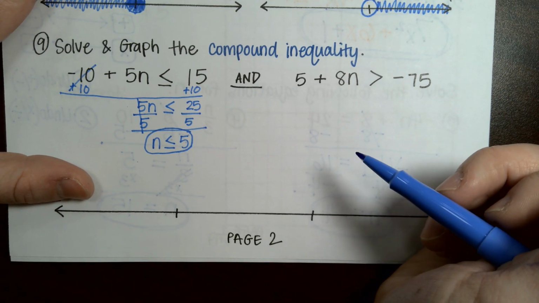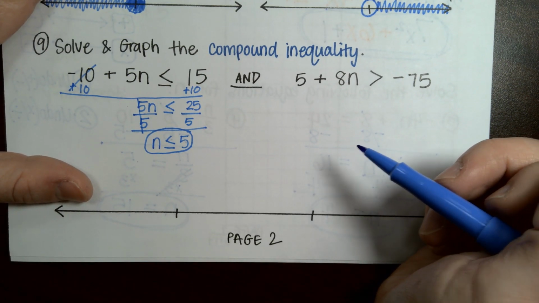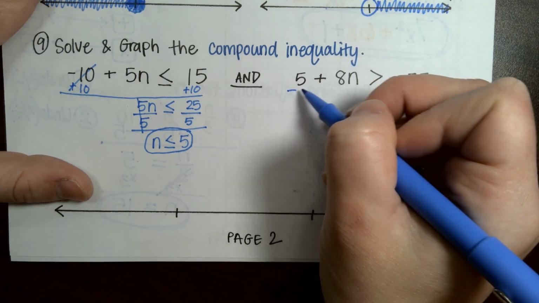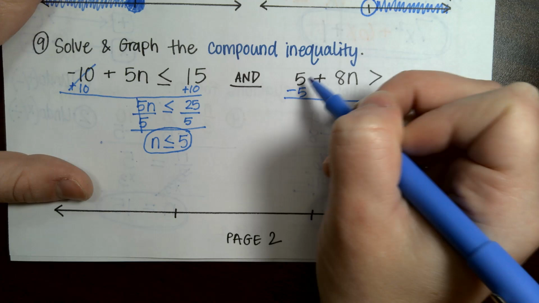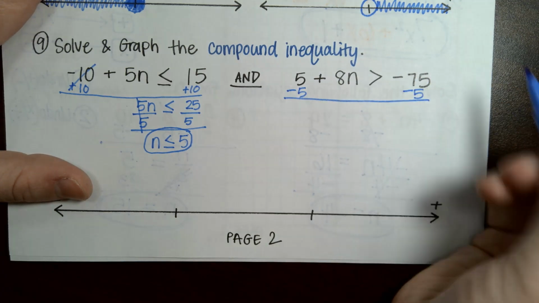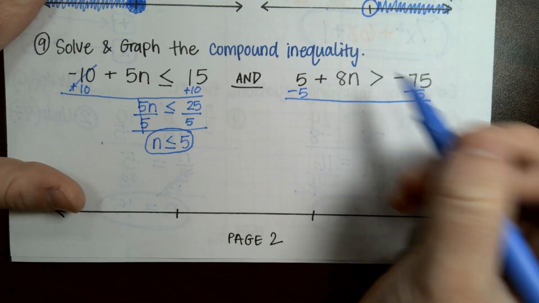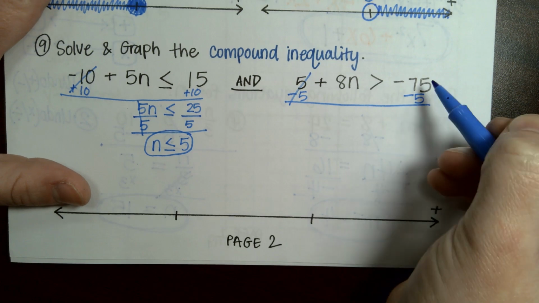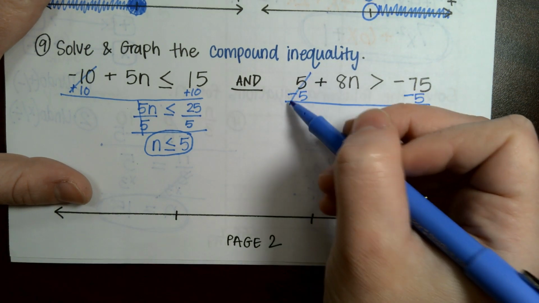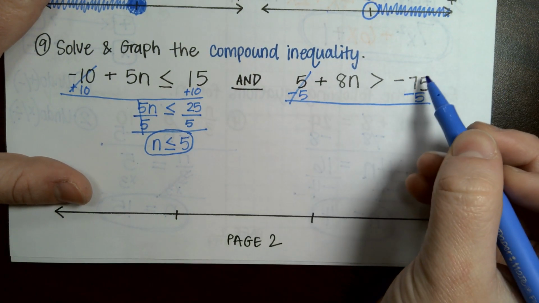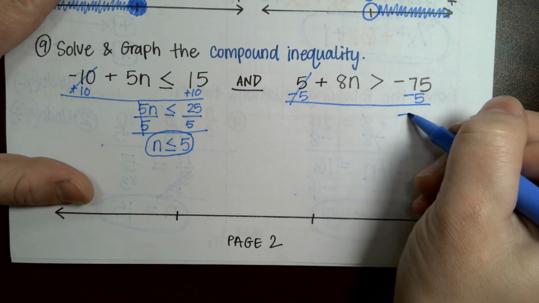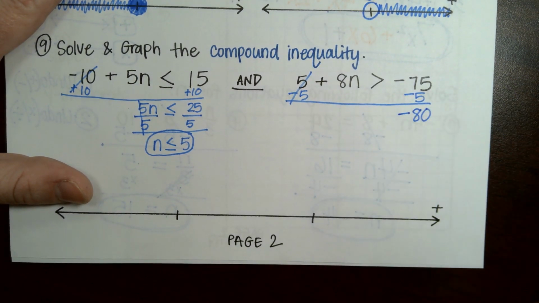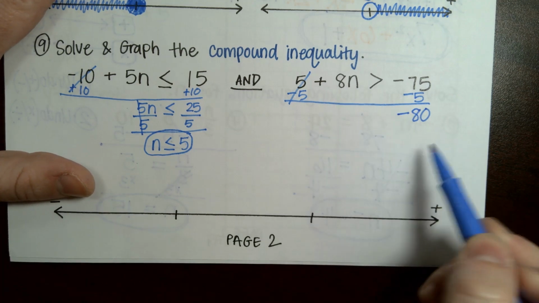What do I do first? Minus 5. Minus 5, both sides. Here's another one where we are taking away from a negative. I'm subtracting 5 from negative 75. Yep, my 5s cancel. Perfect. Negative 75 minus 5 is negative 80. And then we want to bring it all down.